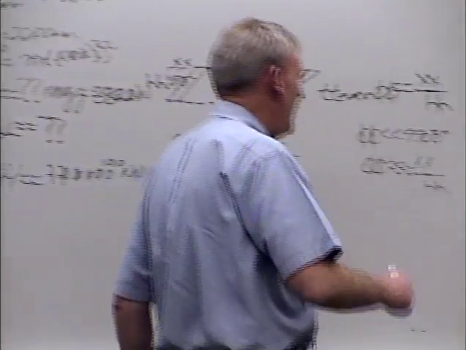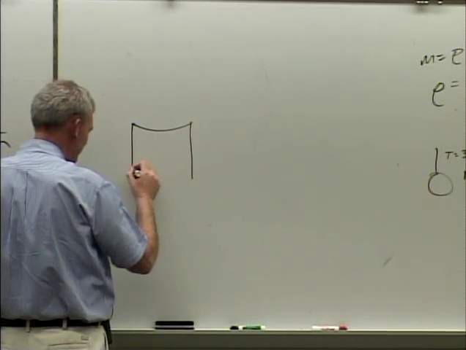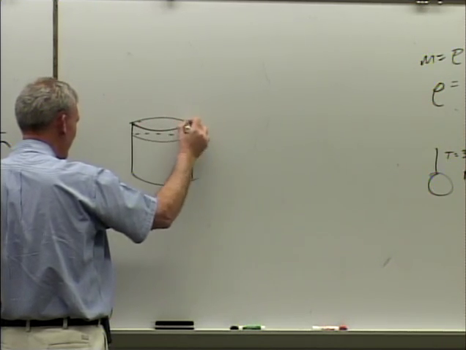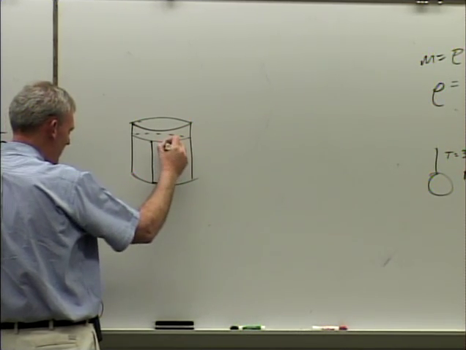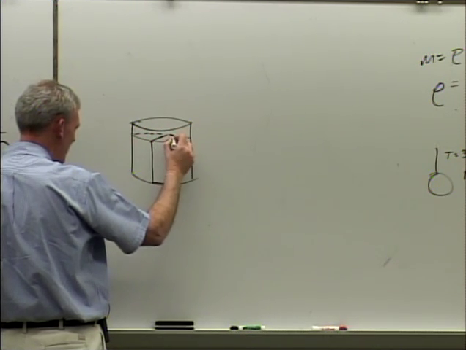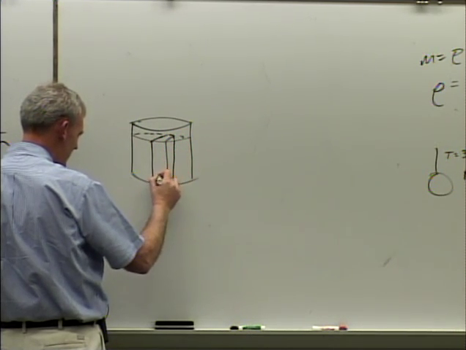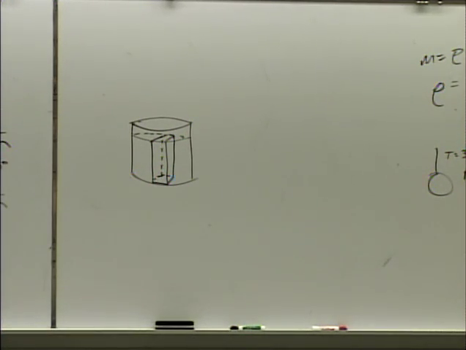All right, now, here we go. Let's take a look at pressure and depth, in still water. Basically I've got a beaker of water. I'm going to take a piece of aluminum right here.